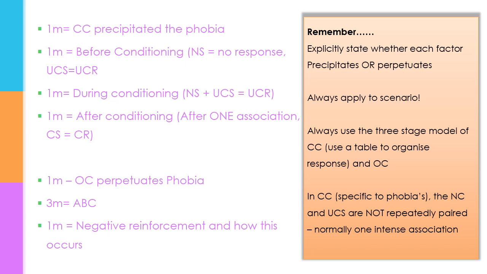Make sure when you talk about classical conditioning, for all of you, always tell me what they are scared in response to. A lot of you are just saying they are experiencing fear, but you need to tell me why. What are they actually scared of? It might be a little bit of overcompensation, but it will help to really round out your explanation. Also, during conditioning, make sure you always apply to the scenario. A lot of you are still using just the theory, and you need to make sure you apply every step of the way.